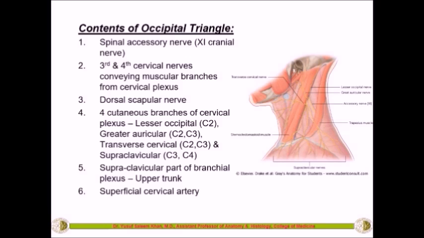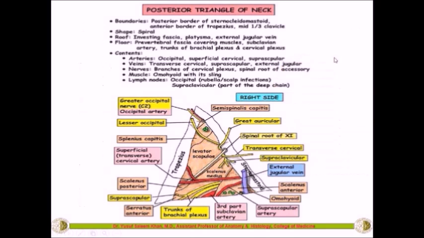In this area we also have arteries: the superior cervical artery, and the occipital artery, somewhere here. You can see this picture where the contents have been shown. Here is the occipital artery along with the greater occipital nerve.